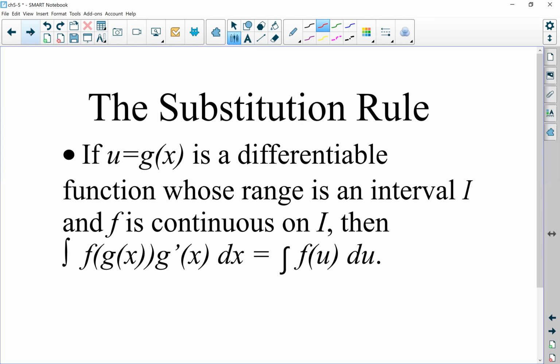Logarithms, exponential functions, and then the one that is pretty familiar, probably most often used, is rational functions, where we have a fraction with x in the denominator. And if you have a rational function, 99 times out of 100, the denominator is what's going to be your u.